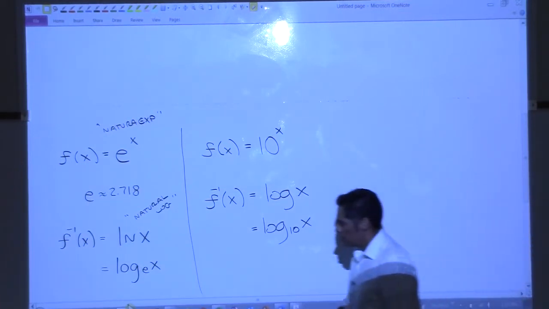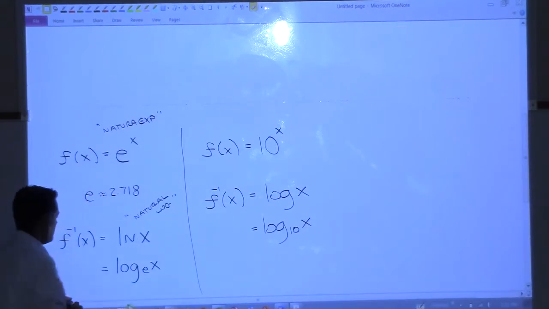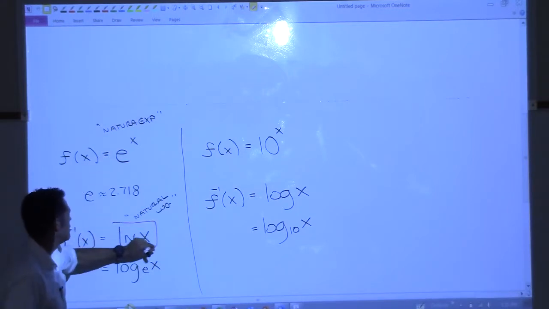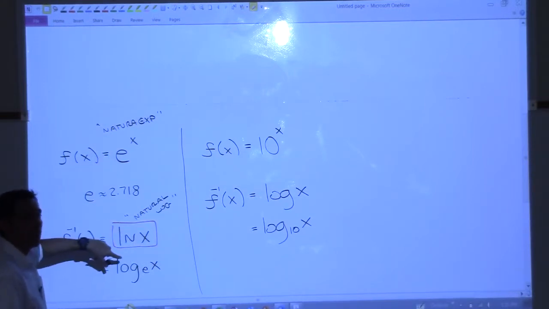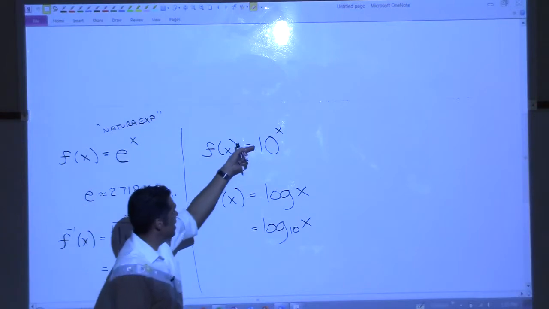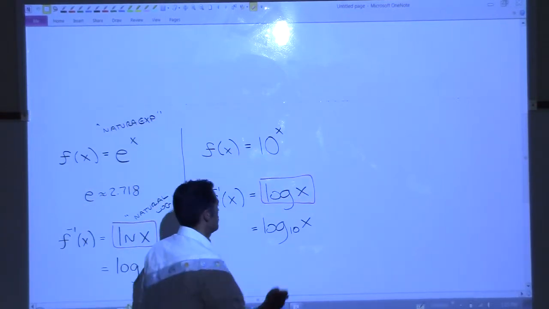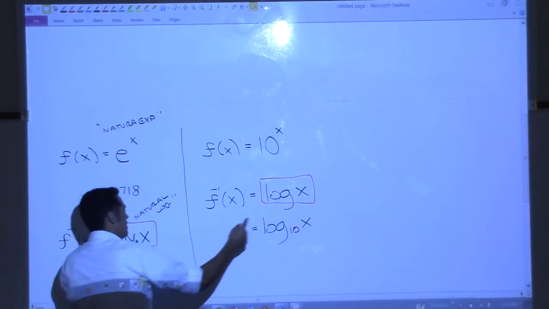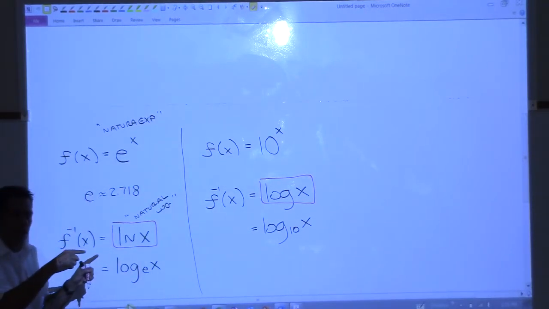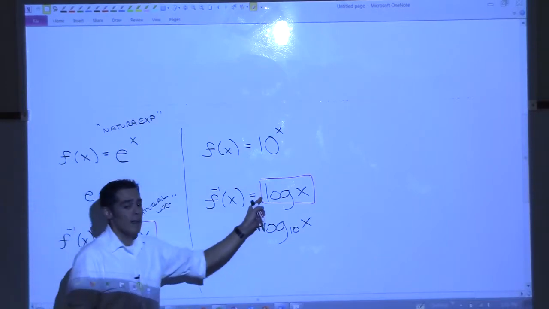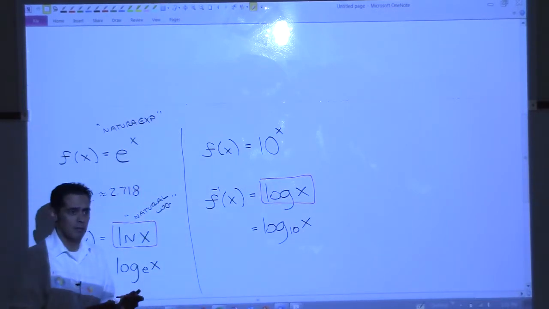So what I'm trying to point out to you is this. In this particular case, we use a special notation for the inverse, natural log. And in this particular case of base being 10, we use a special notation. In both of these notations, the base is not indicated. You have to know that natural log means base e, and you have to know that log means base 10.